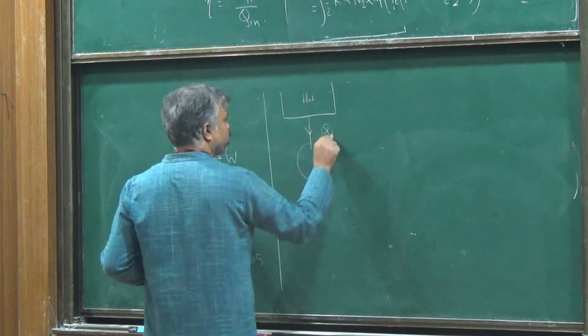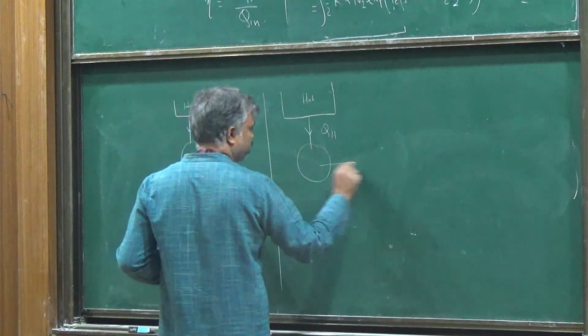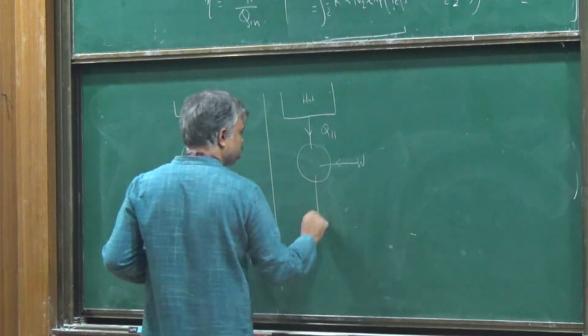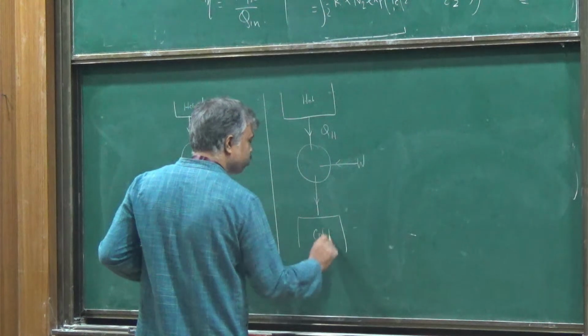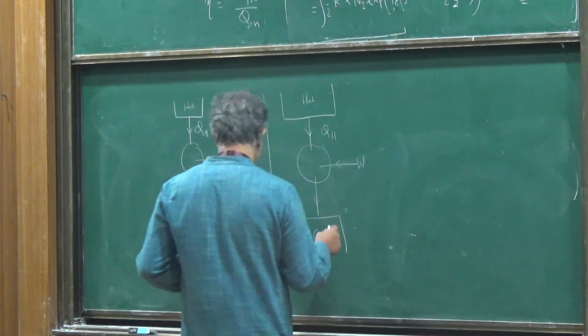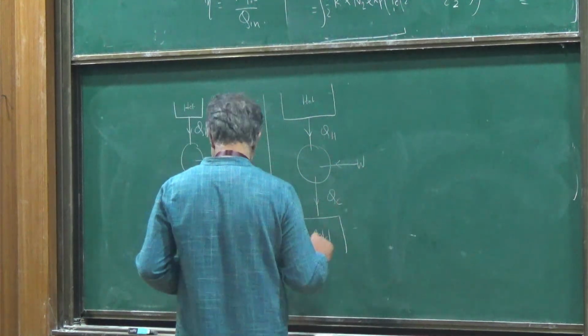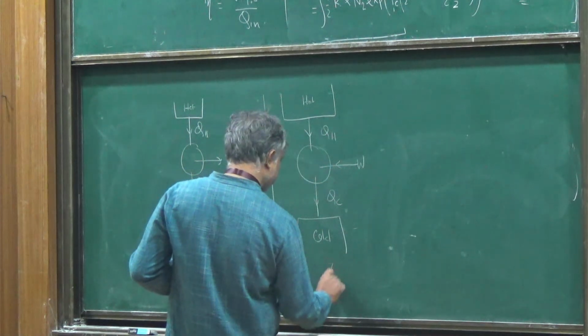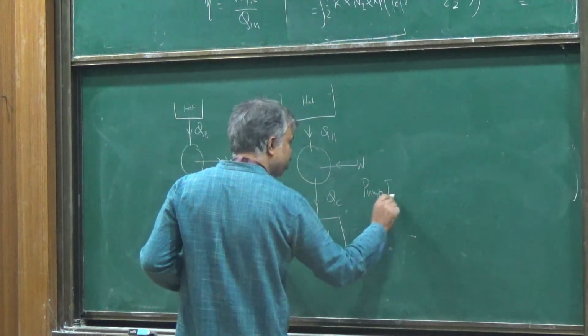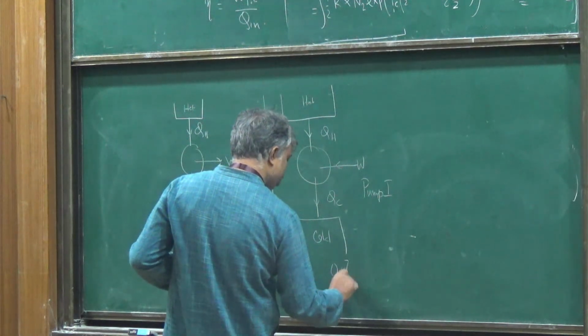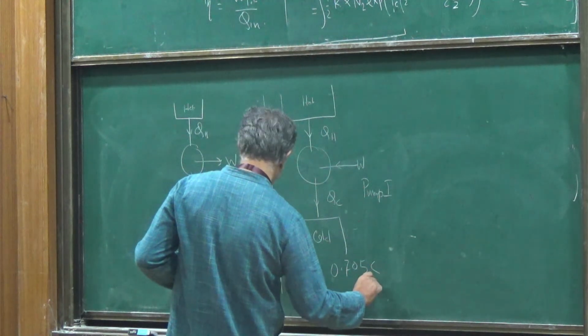So this is QH, then you put work. So these are called pumps instead of engines. So this is QC, and this is a pump of type 1, say 0.705.